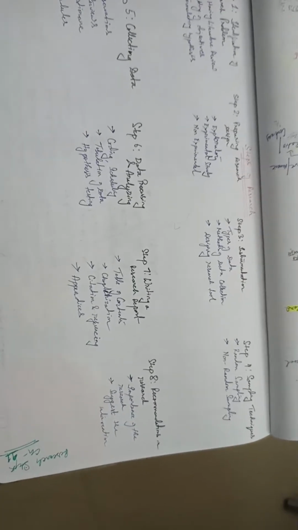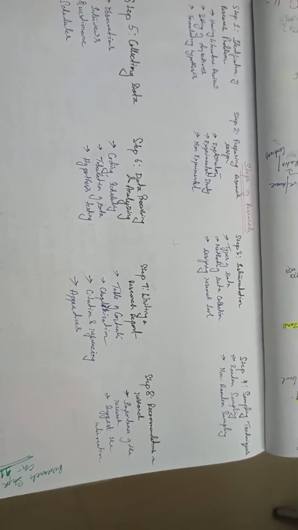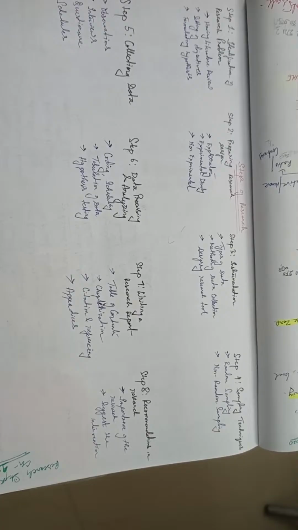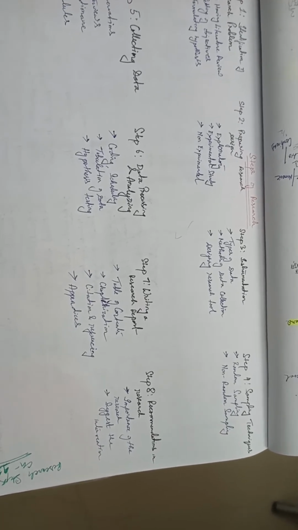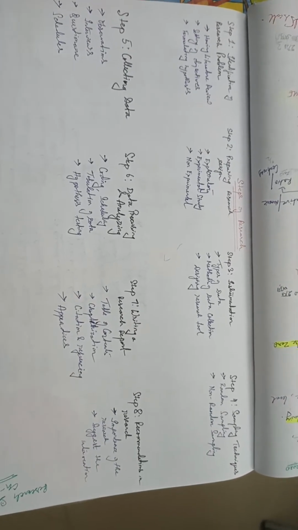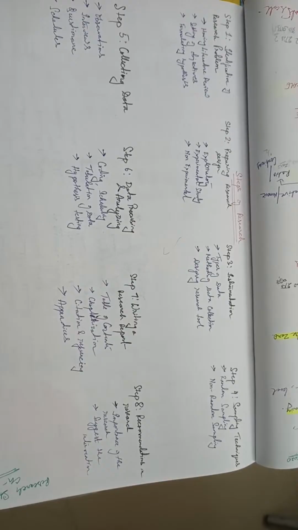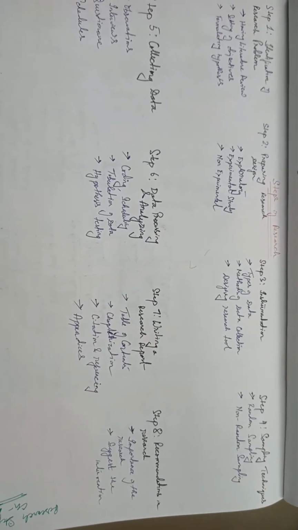Now quickly moving on to the sixth step, data processing and analyzing. After collecting data, do coding and tabulation. You have collected the data, you code the data, you tabulate the data. Use tools like SPSS, Excel, or nowadays we have many ICT tools where we collect, process, and analyze data.